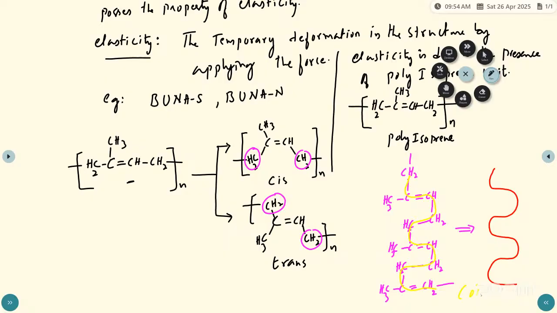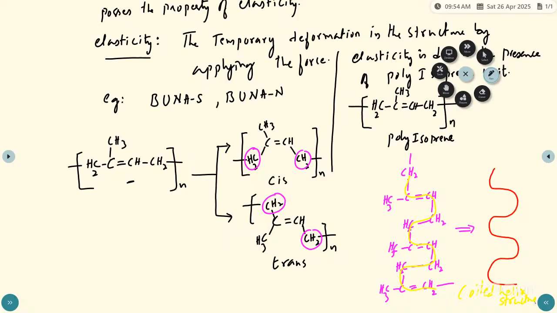Coiled helix structure. Due to the coiled helix structure of trans polyisoprene, like a tortoise coil, mosquito coil, the rubber has elasticity.